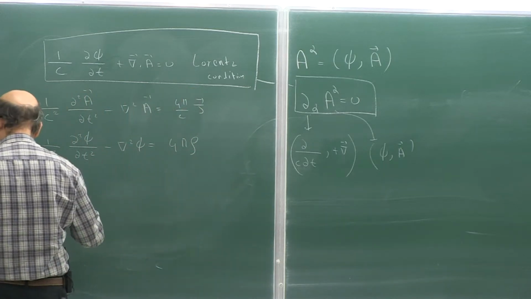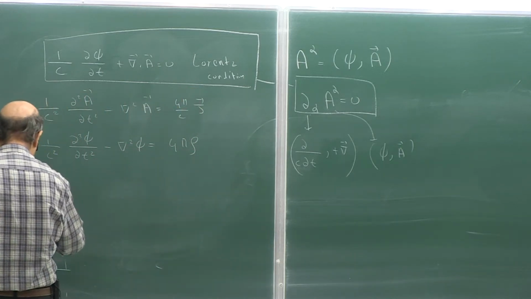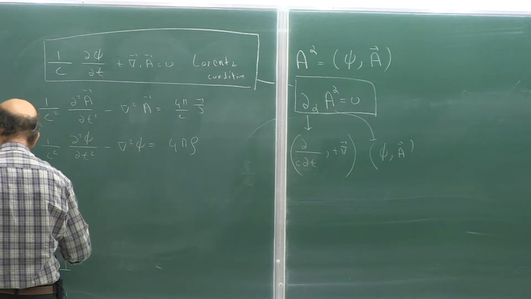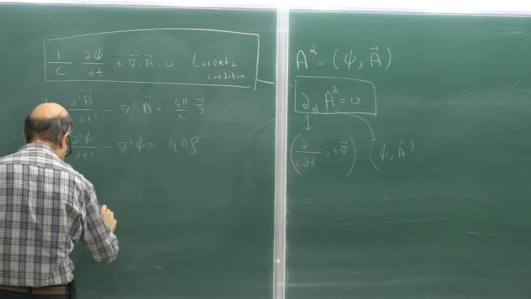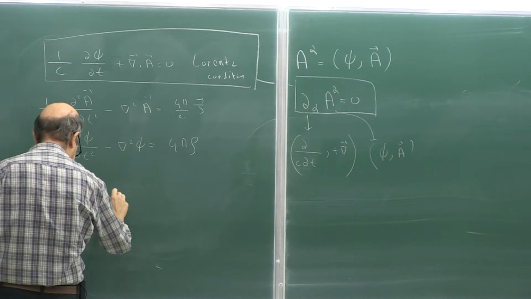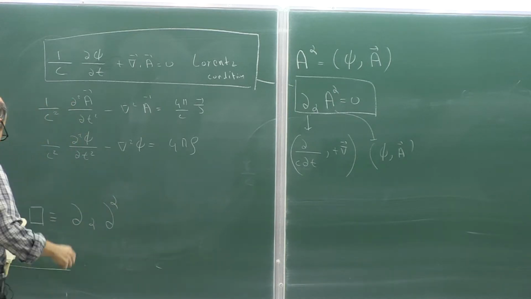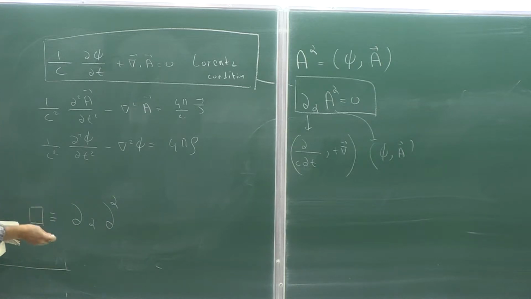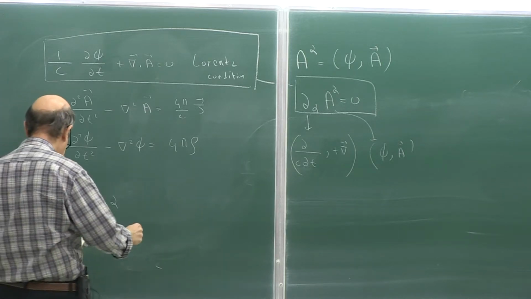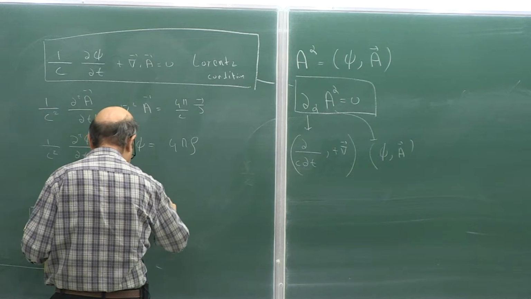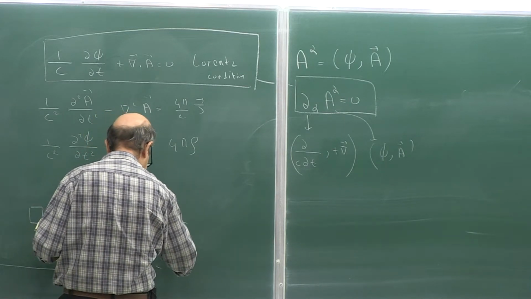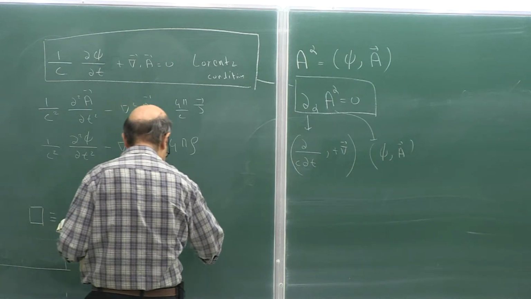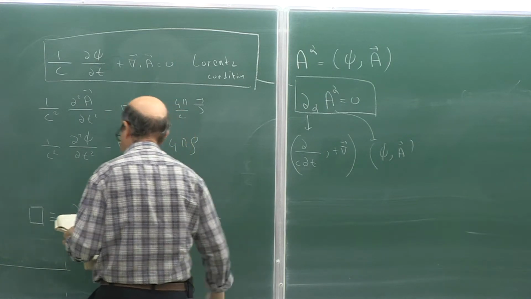What is that tool? The 4-dimensional Laplacian operator, del alpha del alpha. If you act it on a function, it is covariant in every frame. The open form is del square over c square del t square minus the Laplacian.